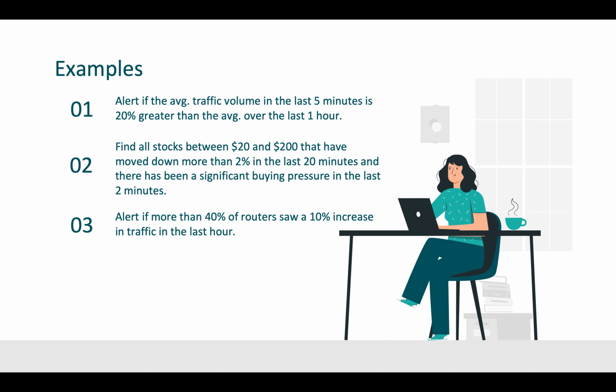And thirdly, we can create an alert if more than 40% of routers saw a 10% increase in traffic in the last hour. So when we look at the examples, we can see there is a time frame for each operation.